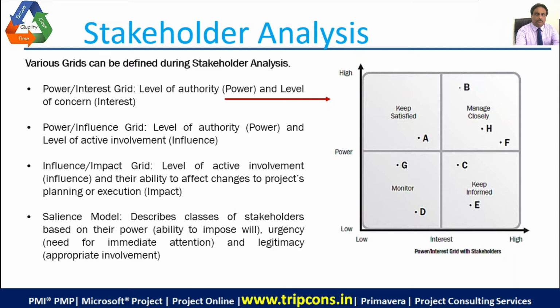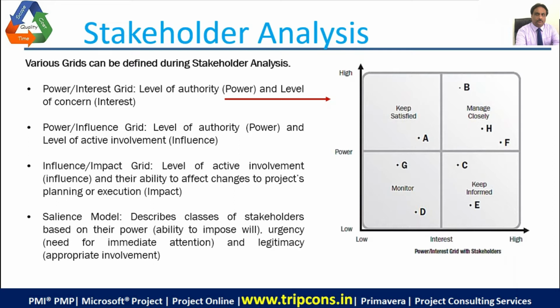After the analysis, different stakeholders come into different quadrants. If you look at the quadrant on the top right, it says manage closely. That means you have to manage them closely and as frequently as possible.